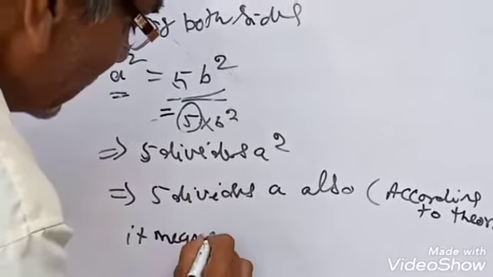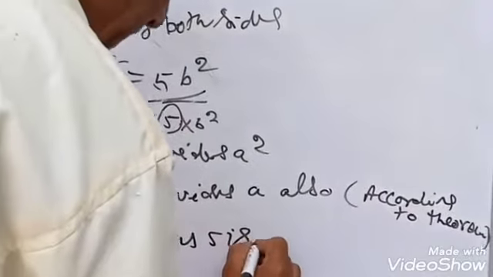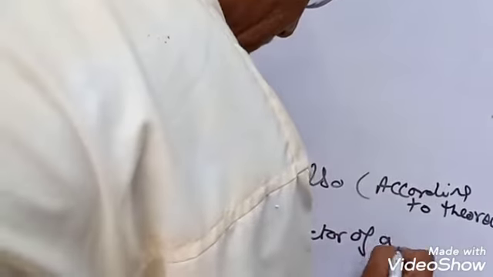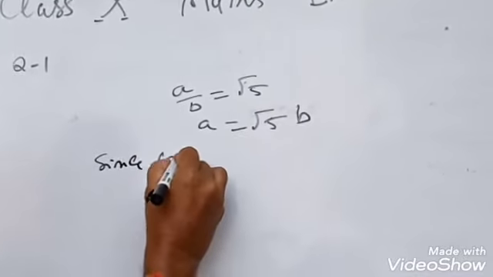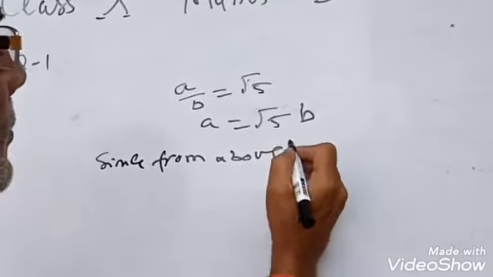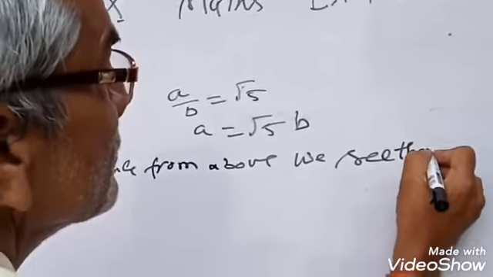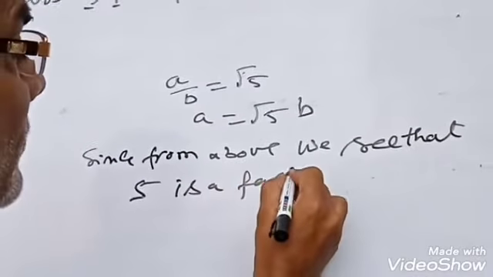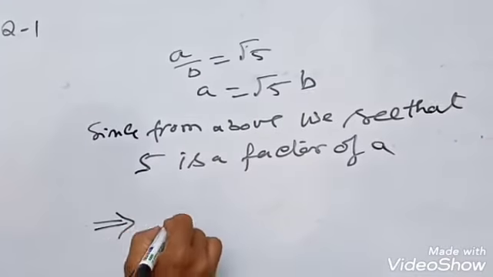It means 5 is a factor of a. Now from above we see that 5 is a factor of a.